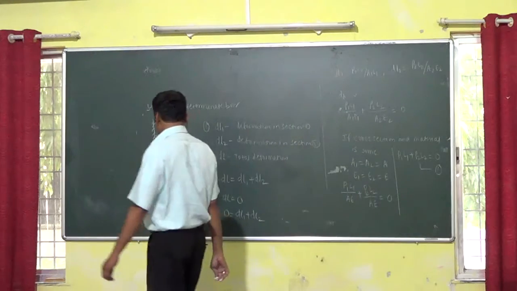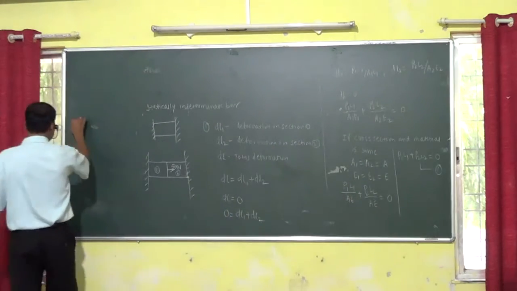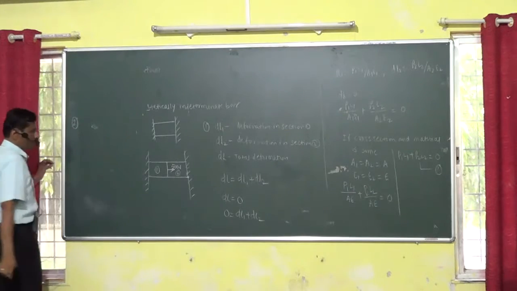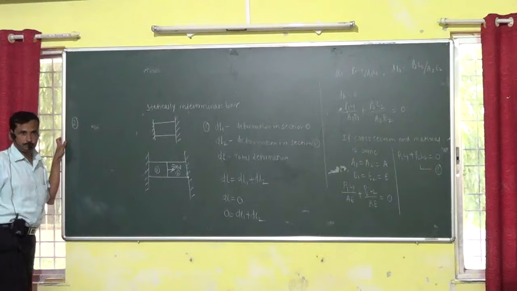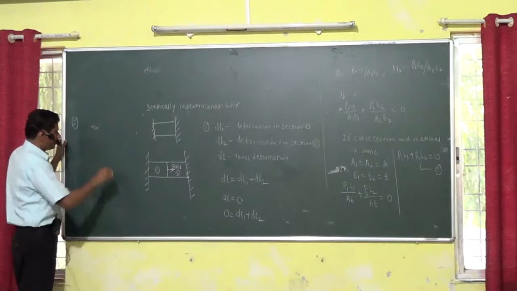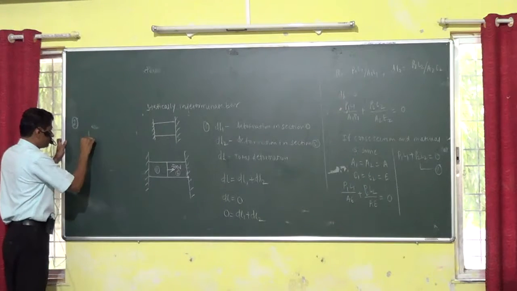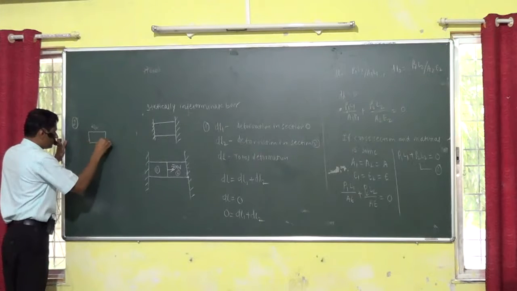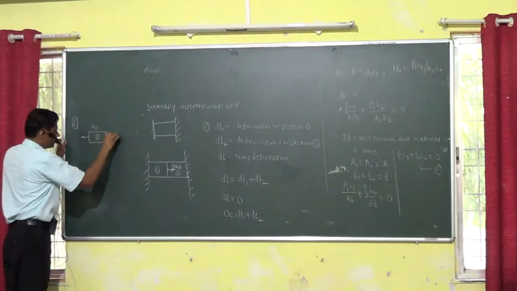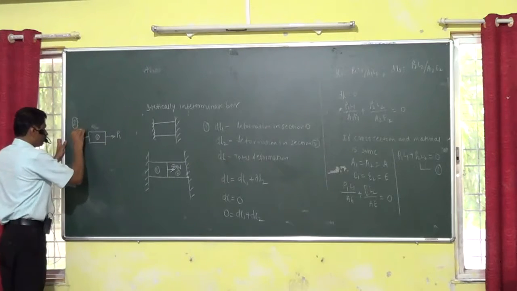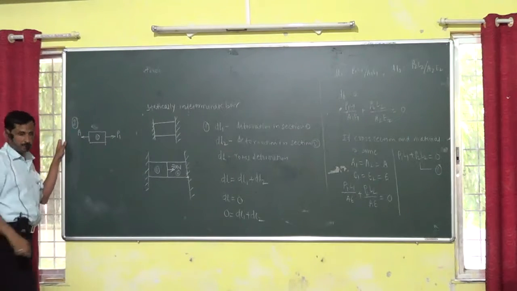But here one more assumption is possible. The second assumption is based on the free body diagram. If we consider section 1, the tensile force of magnitude P1 is acting on it.